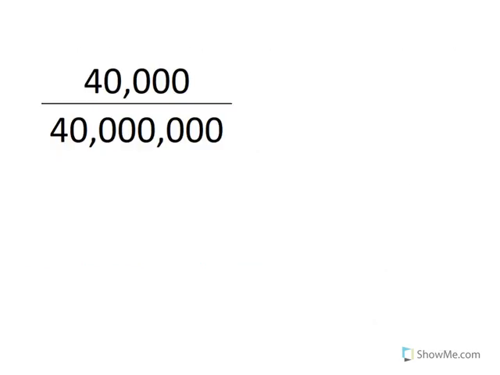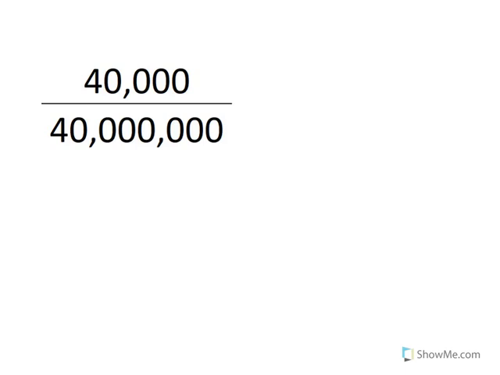First, we need to change these numbers into a fraction. Now we need to simplify, keeping in mind that we want the denominator to end as 1,000. Normally, when simplifying, you find the greatest common factor and divide both the numerator and denominator by that number.